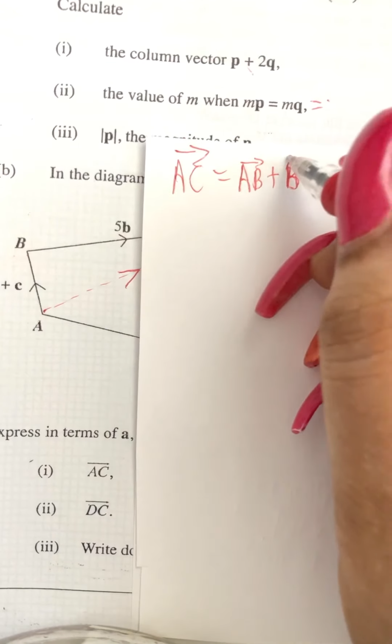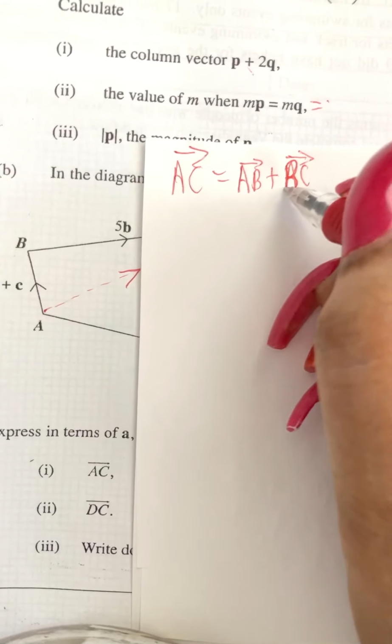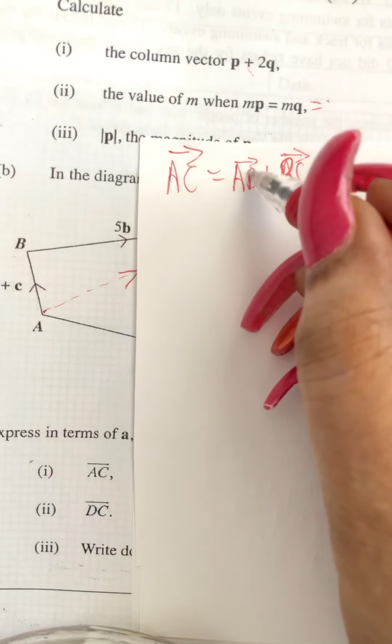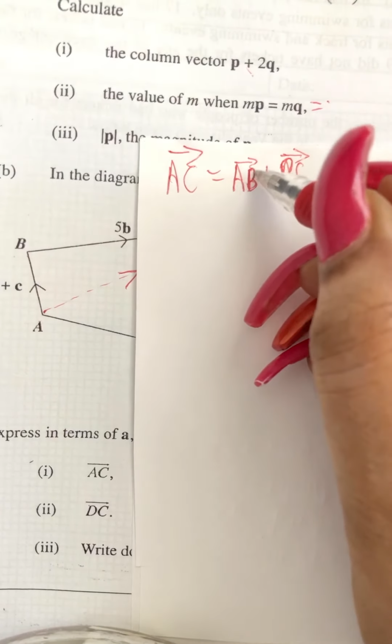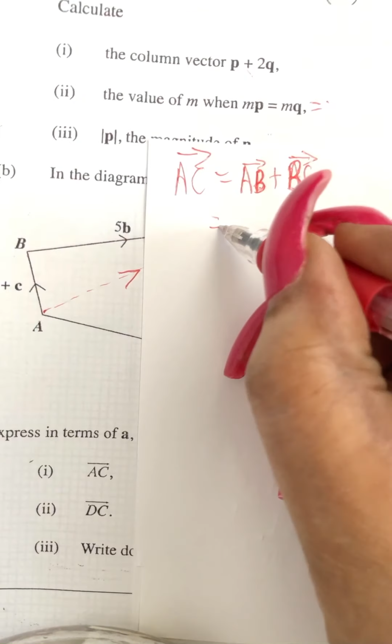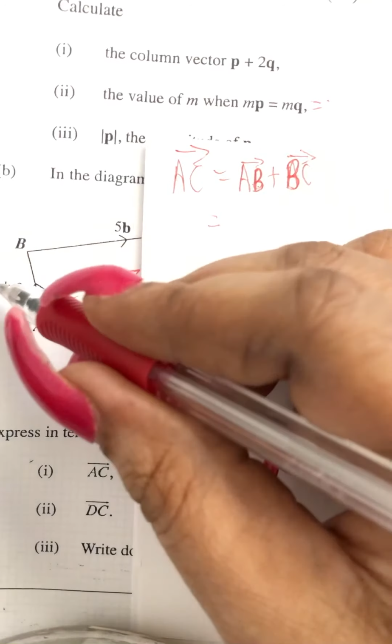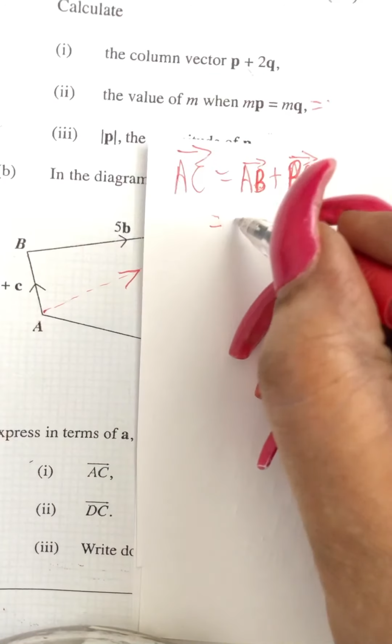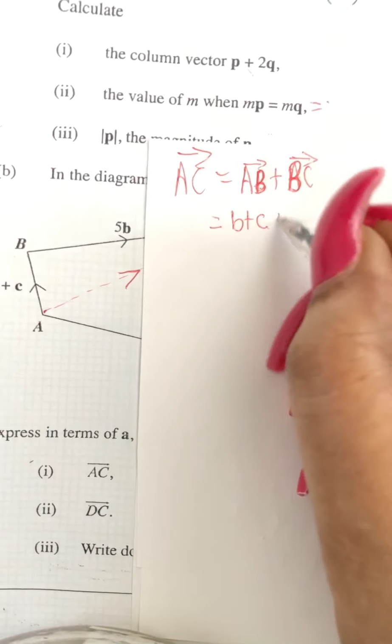Remember, the 2 inner letters must be identical. These are my inners. AB is represented by B plus C, so I substitute.